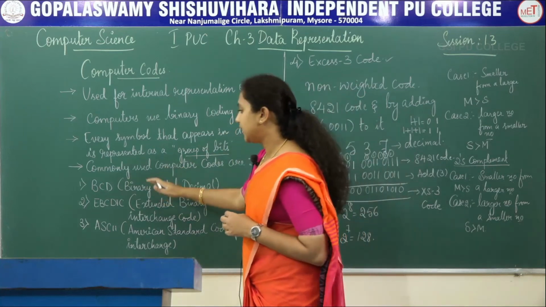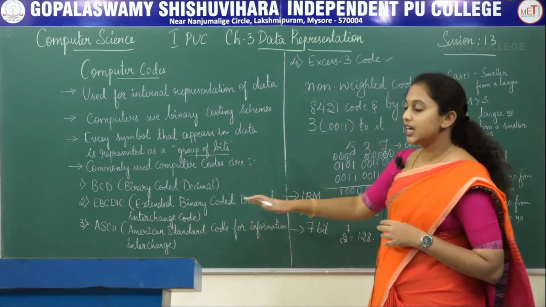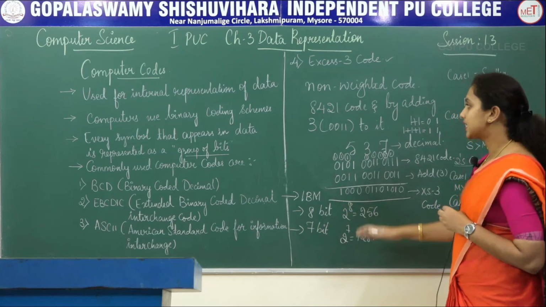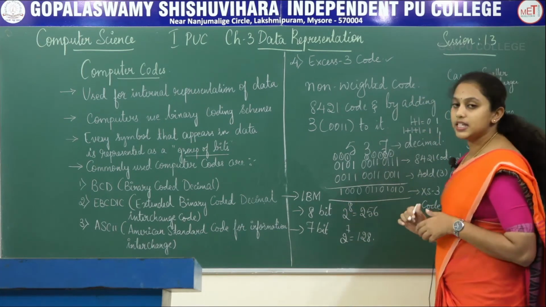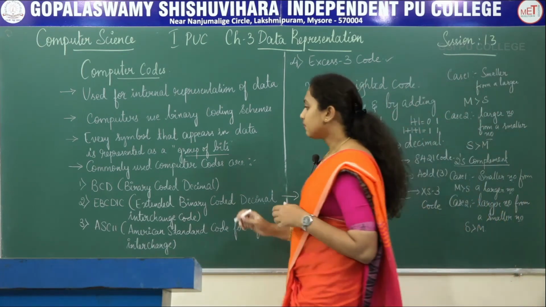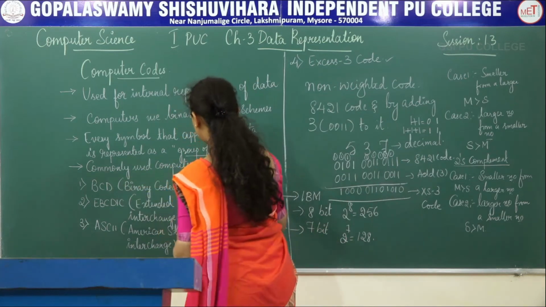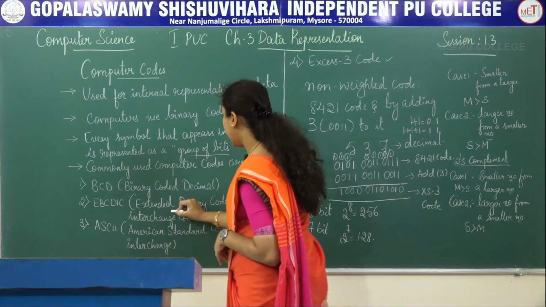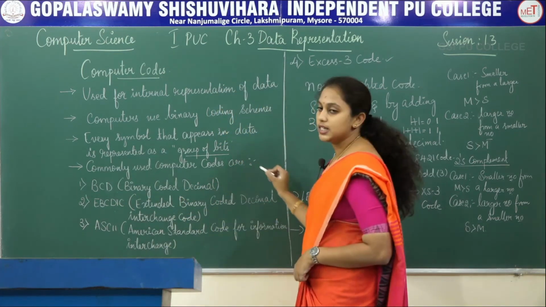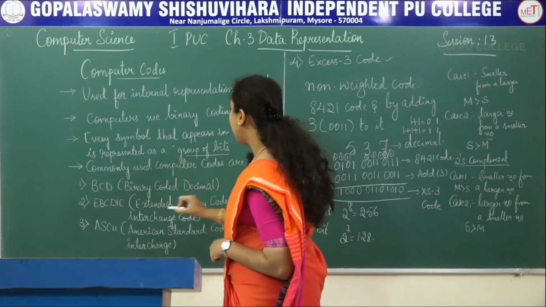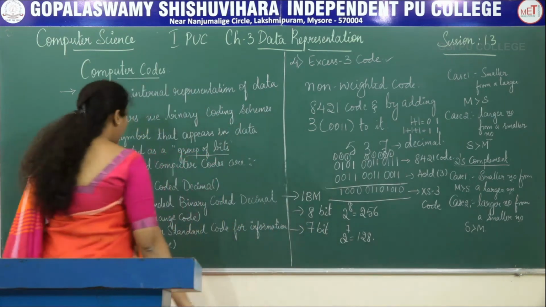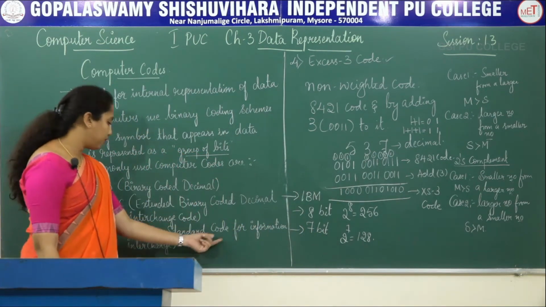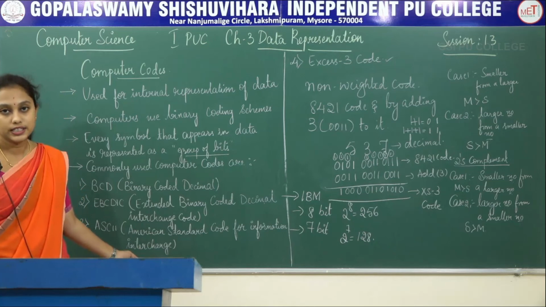First is BCD, second is EBCDIC, third is ASCII, and the fourth is XS3 code. BCD stands for Binary Coded Decimal, EBCDIC stands for Extended Binary Coded Decimal Interchange Code, and ASCII stands for American Standard Code for Information Interchange.